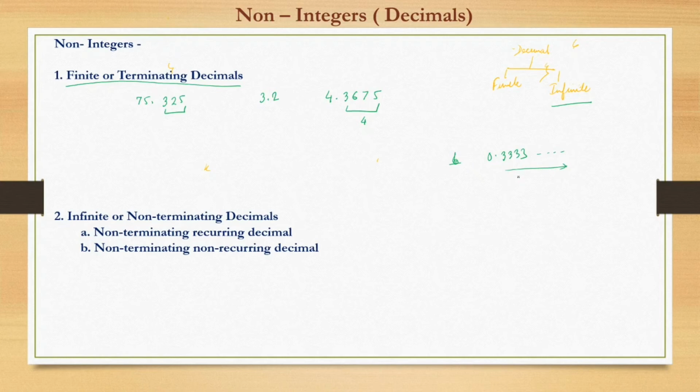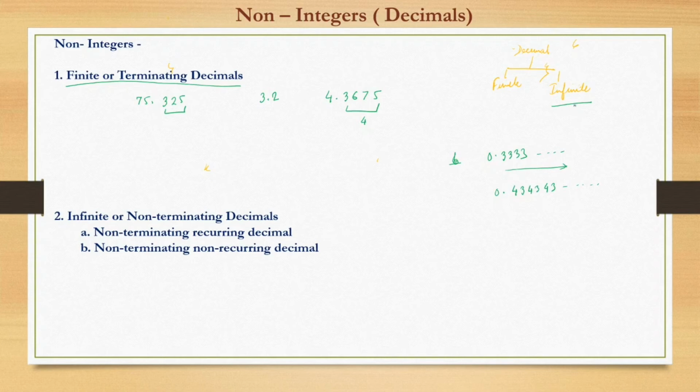So this is a non-terminating decimal. Similarly, if I write 0.434343 and so on, this is also a non-terminating decimal. It keeps on going. It does not terminate anywhere. So we know the difference between terminating and non-terminating decimals, or finite and infinite decimals.